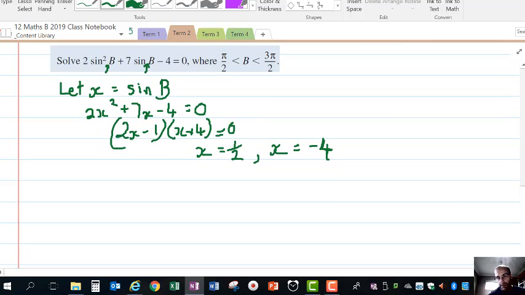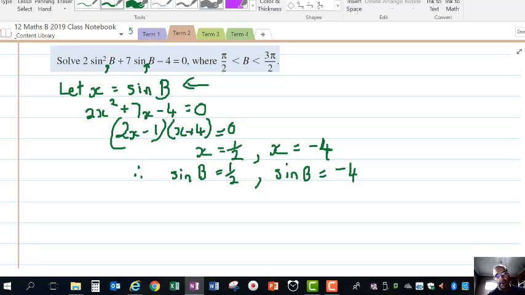Easy enough. So that means reversing our substitution. Therefore, sine b equals a half, and sine b equals negative 4. Now clearly this can't happen.